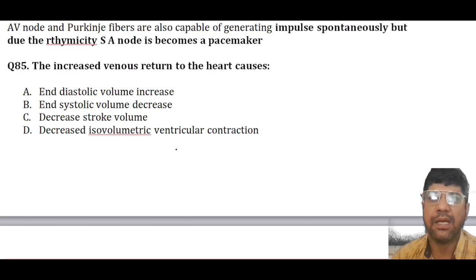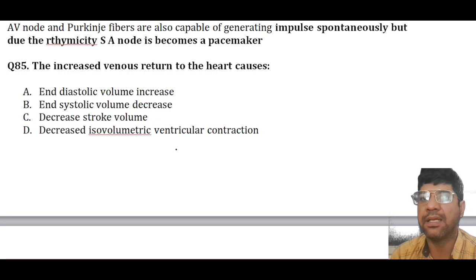As a result, the right ventricle receives a large volume of blood during its filling phase. This increased blood volume in the ventricles at the end of diastole is reflected as end diastolic volume.